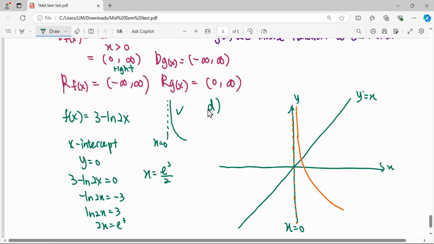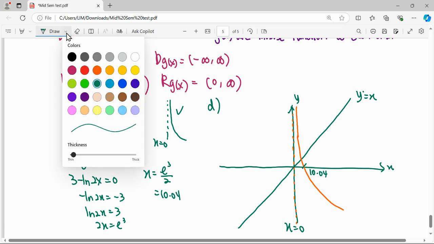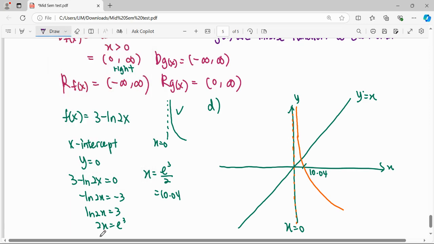So here we have 10.04. Label our graph here with the 10.04 intercept.